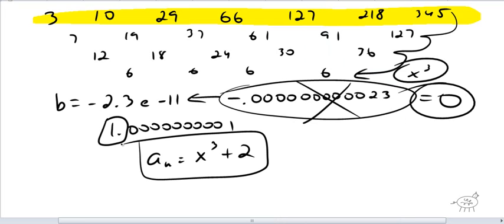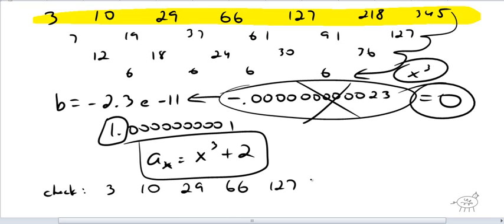Let's just check it. If I put a 1 in here, 1 cubed is 1 plus 2 is 3. If I put a 2 in there, 2 cubed is 8. 8 plus 2 is 10. If I put a 3, 3 cubed is 27. 27 plus 2 is 29. 4 cubed is 64 plus 2 is 66. 5 cubed is 125 plus 2 is 127.